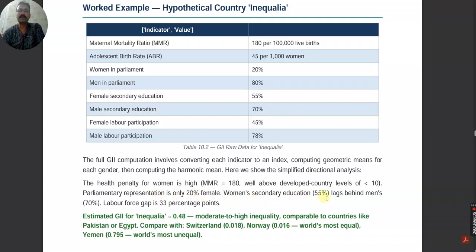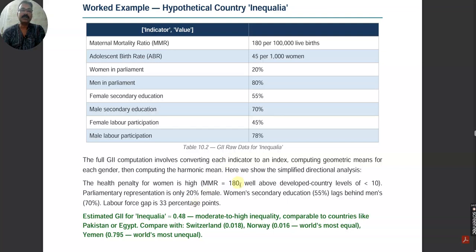Women's secondary education, 55%, lags behind men's 70%, and the labor force gap is 33 percentage points. So the estimated GII for this hypothetical nation is 0.48, which implies moderate to high inequality, comparable to countries like Pakistan or Egypt. Compare with Switzerland 0.018 and Norway 0.018, the world's most equal. On the other hand, Yemen 0.795, the world's most unequal.